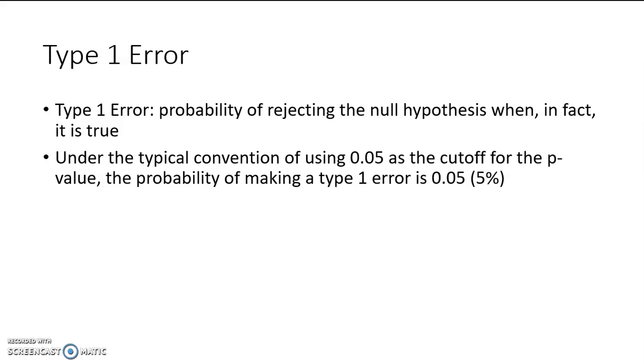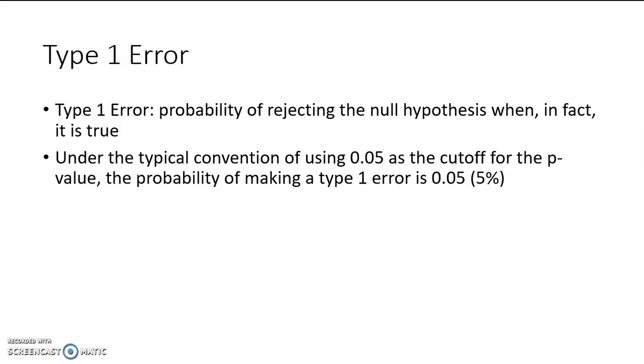So maybe the claim is that mu is 100. We collect a sample, and it's a very extreme sample mean, different enough that there's a less than 5% chance that we would observe something that extreme if the null hypothesis were true. But that can still happen, right? There's still a 5% chance.